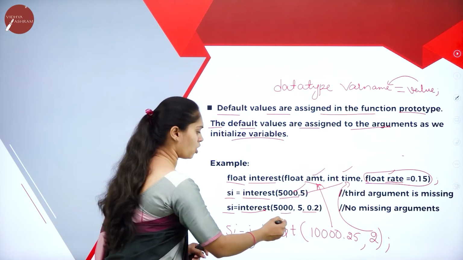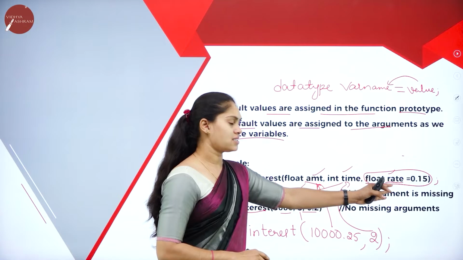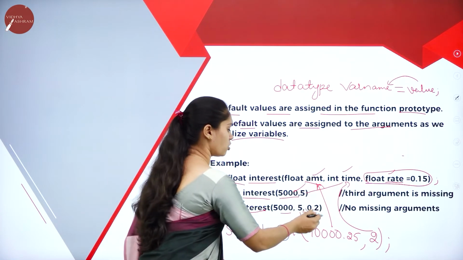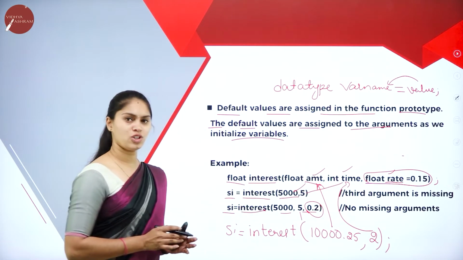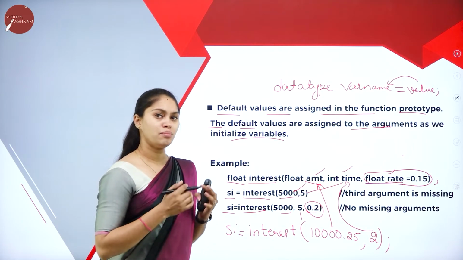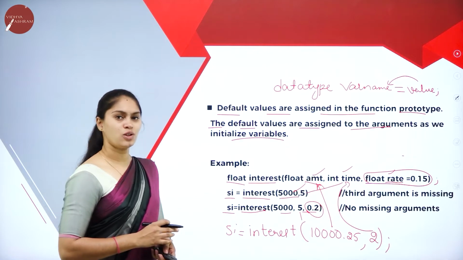One is amount, another one is time, and if you have not initialized the value for this rate, then I can send a value called 0.2, that is of a float data type. This is how we are going to use default arguments, or if I wanted to make any variable value a default value, then we can do it like this.